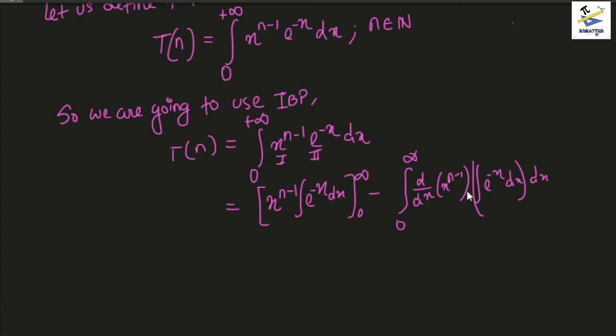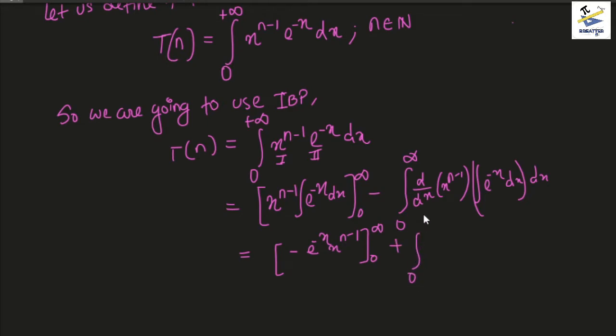Now what we hope to achieve by this is something as follows. Firstly, this integral would mean minus e to the power minus x times x to the power n minus 1, from 0 to infinity, minus, and this integral of e to the power minus x would produce a minus, which would combine with this minus and it would become a plus.